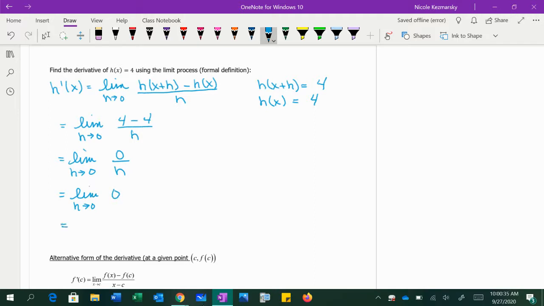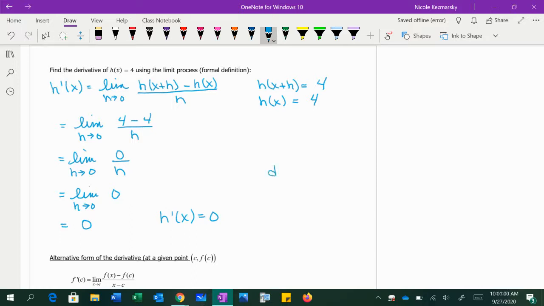And the limit of 0 as h approaches 0, well, if I try and plug 0 in, like we've been doing, I don't have anywhere to plug it in. I'm just left with 0. So h prime of x equals 0. So this is a constant function. And when we take derivatives of constant functions, we're always going to get 0.